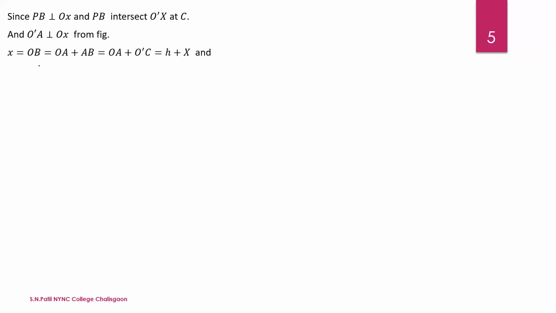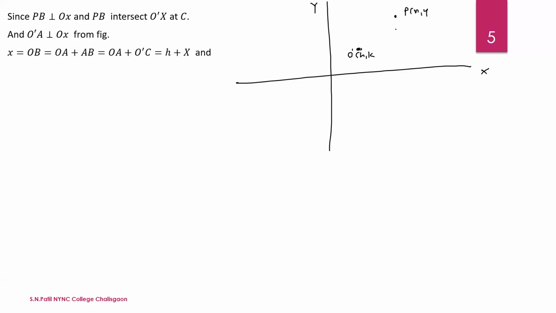Now see, we trace the same diagram again. This is the x-axis, this is the y-axis. This is the shifted point O dash having coordinates h, k. This is the point P, x, y.